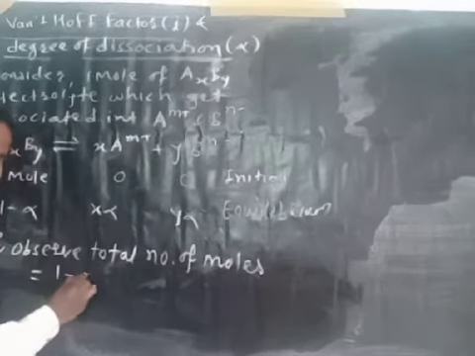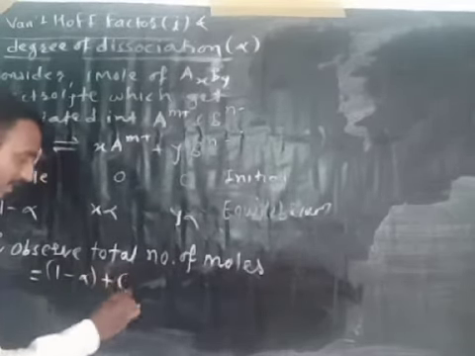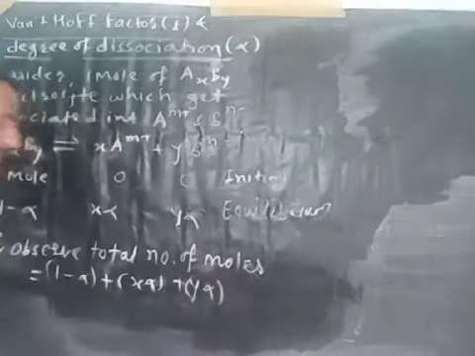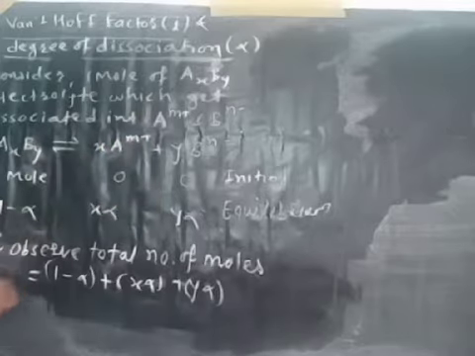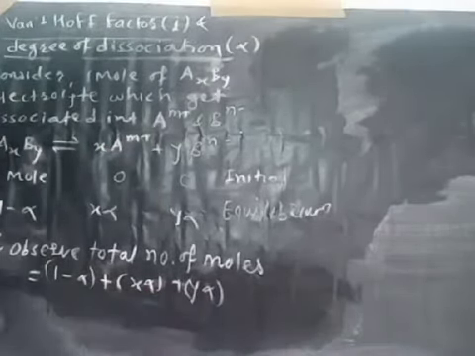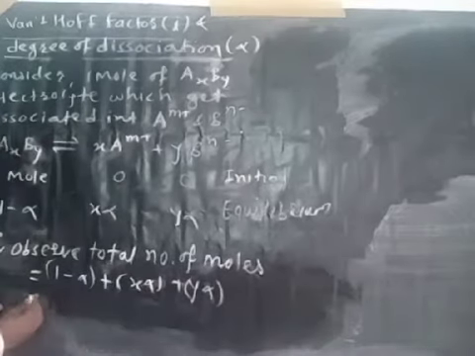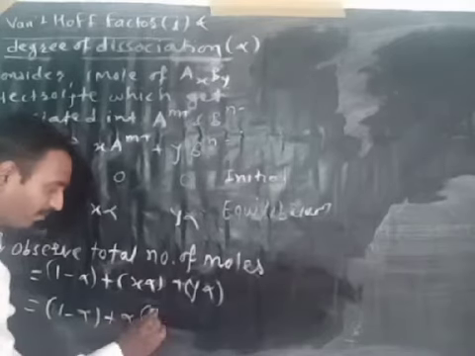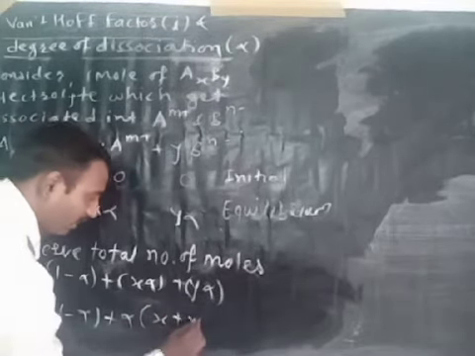The undissociated part is 1 minus alpha, plus x alpha plus y alpha, which is the dissociated part. Here from x alpha and y alpha we can take alpha common in brackets, x plus y.